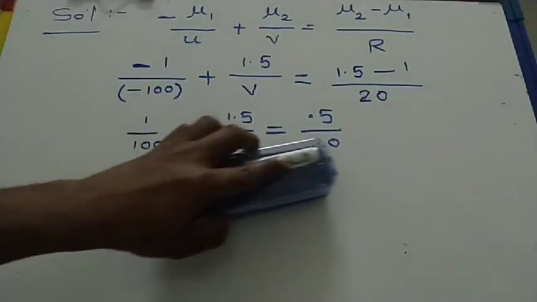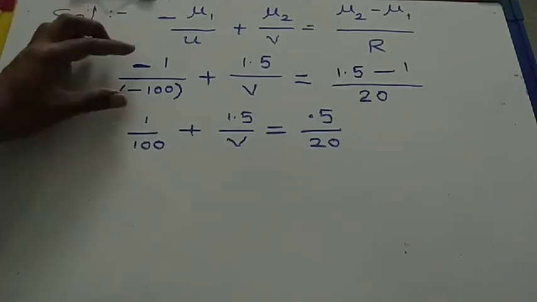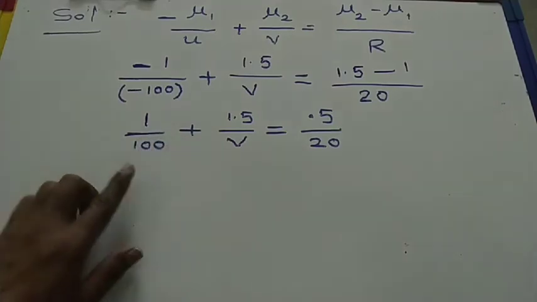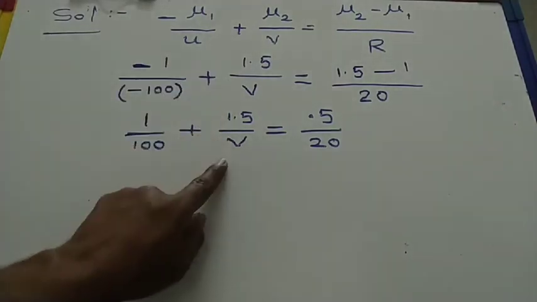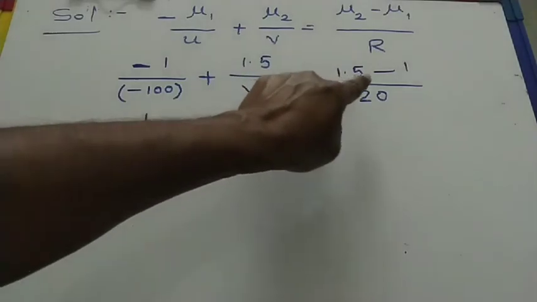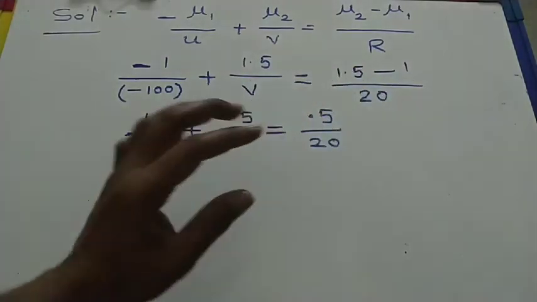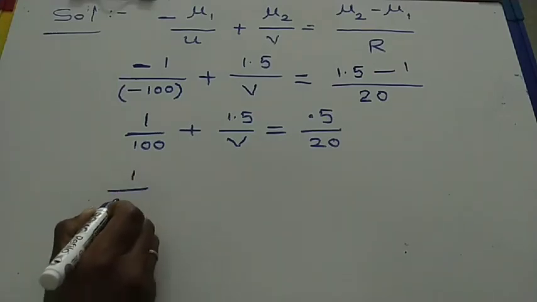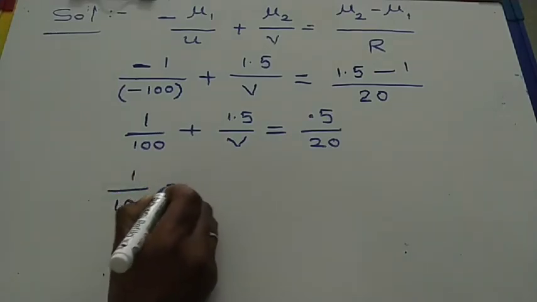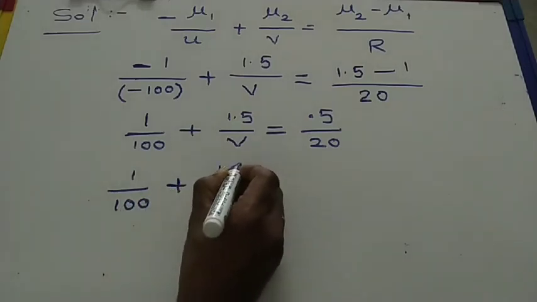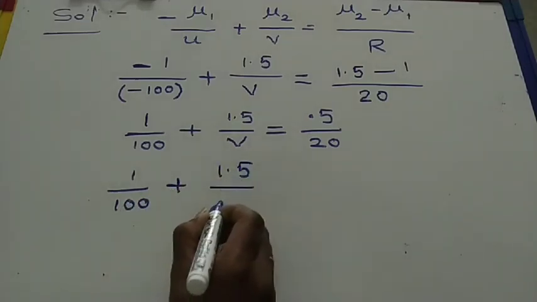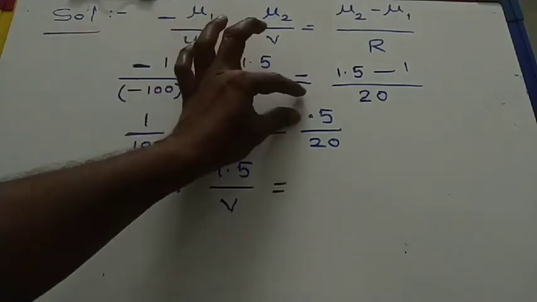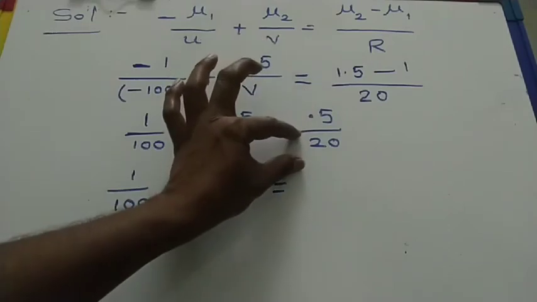Dear students, minus minus is going to be cancelled. So we wrote here 1 by 100 plus 1.5 by v is equal to 1.5 minus 1, how much? 0.5 by 20. That means 1 by 100 plus 1.5 by v is equal to, multiply by 10 here, multiply by 10 here.